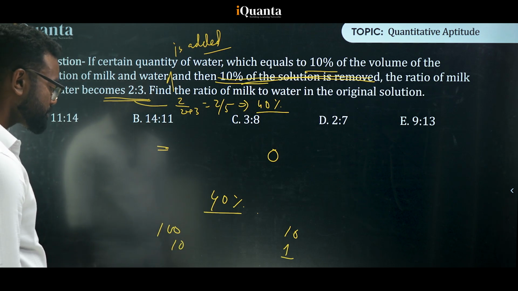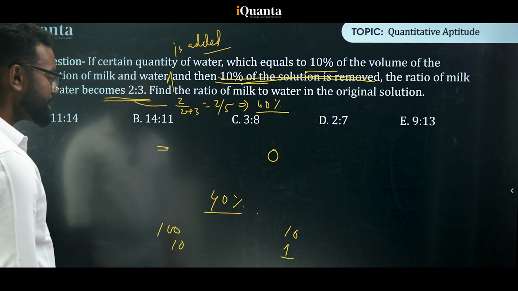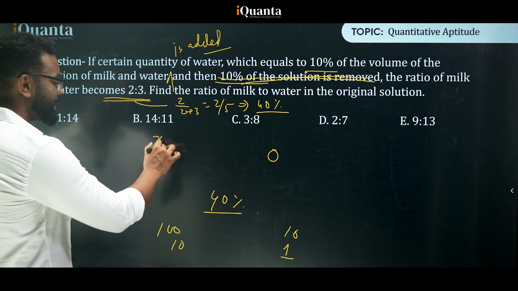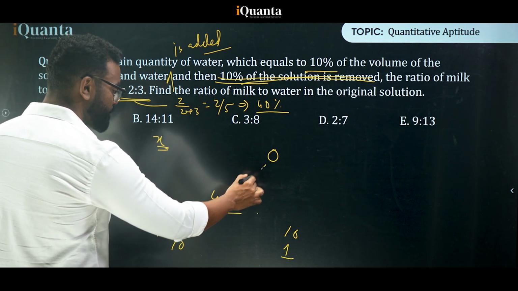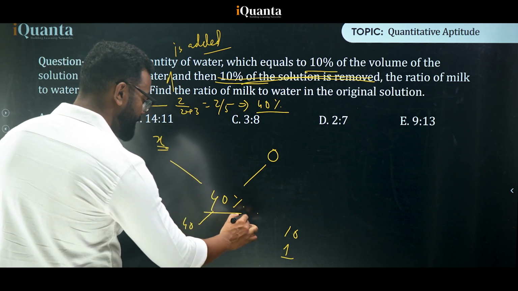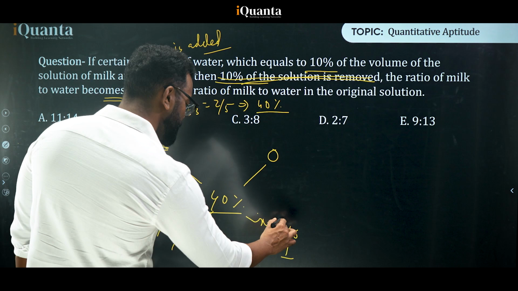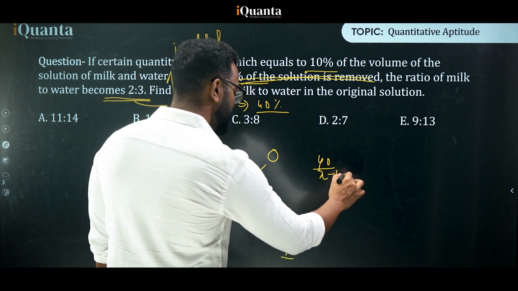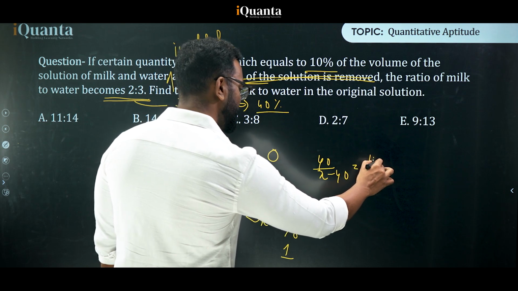Fair enough? So if you need to solve this question, there are two ways you can solve it. Okay? The first way, take this as x. So this is 40 minus 0, which is 40, and this is x minus 40, right? So I can write 40 upon x minus 40 is equal to, let's say, 10 upon 1, right?